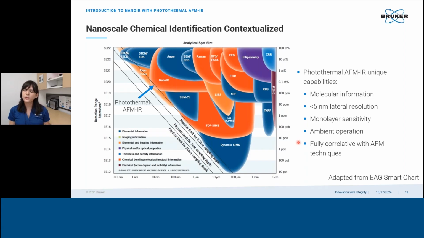The beauty of using the AFM probe as a detector means that the quality and the strength of the AFM fundamentally determines the signal to noise and the quality of your IR mapping and spectroscopy as well. So what that means is the better your AFM is and the more functional your AFM is, the better it is at AFM-IR too. So it's able to create a no compromise system that does both things as well as it would individually.